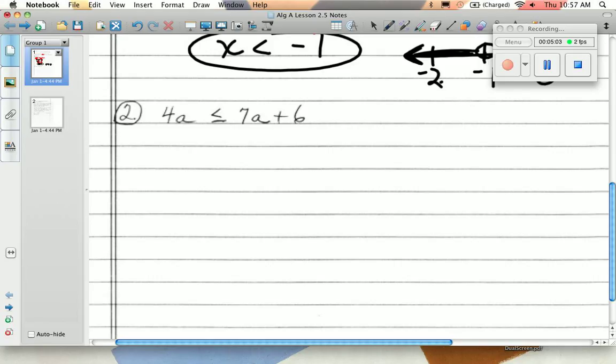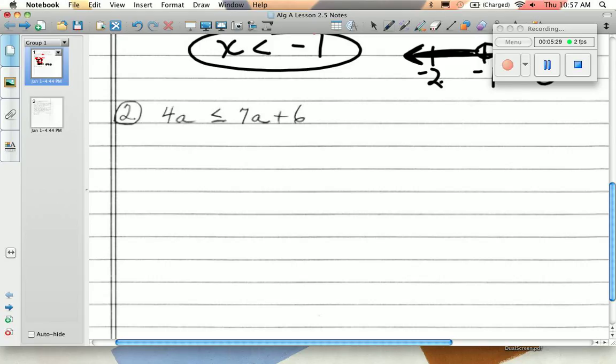So let me remind you how we deal with it when we have variables on both sides, but they don't both have a number being added or subtracted with them. Typically what we want to do is get those A's that are already by themselves, and we want the other ones to come over and join them. So let's bring some more A's over with them, and then we'll have them alone.